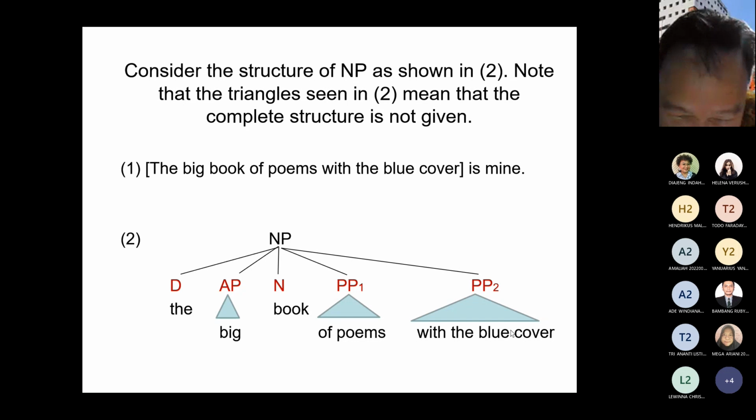But look at N. Are they at the same level as D, AP, PP1, and PP2? If you look at these, there seems to be no difference in terms of importance between D, AP, PP1 and PP2, right? So this was realized by Chomsky in the 1970s.